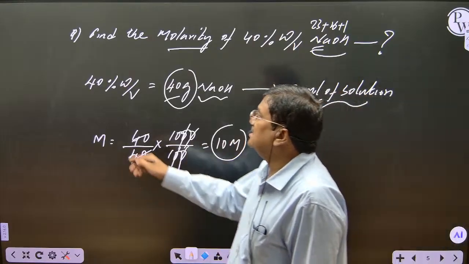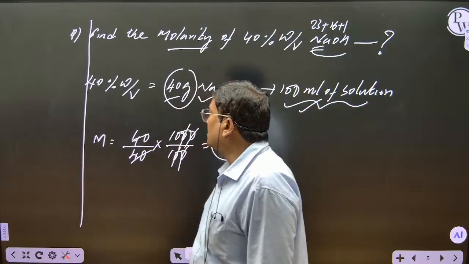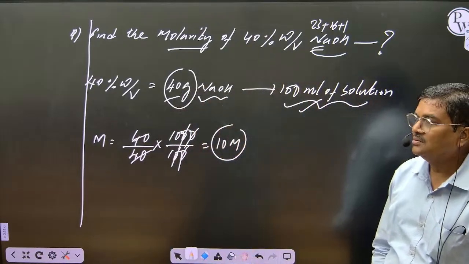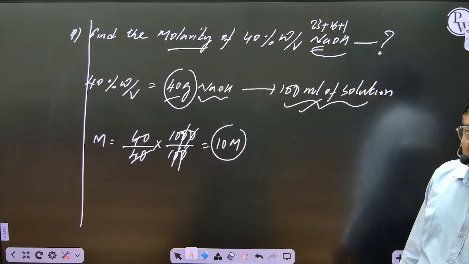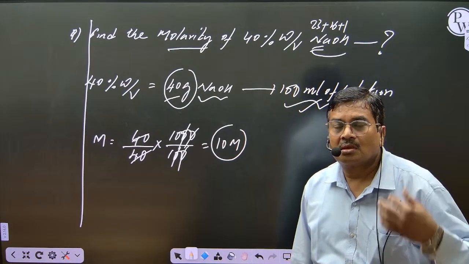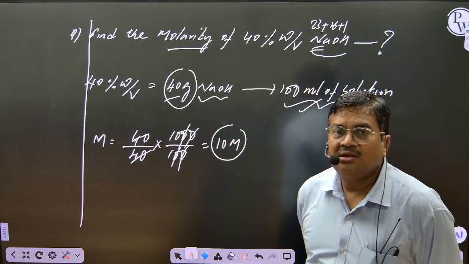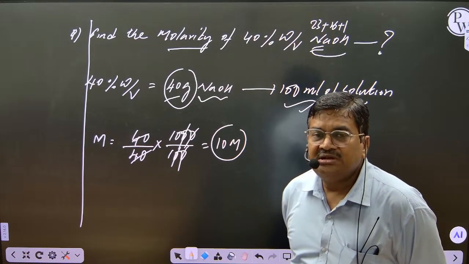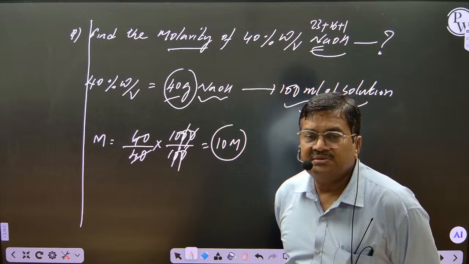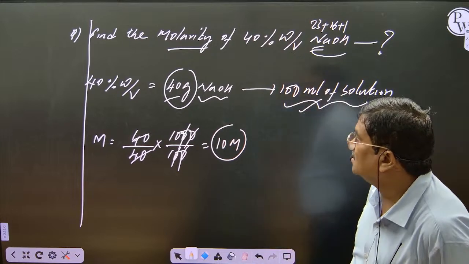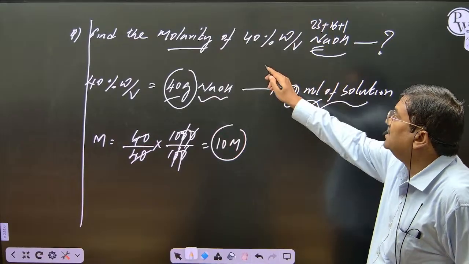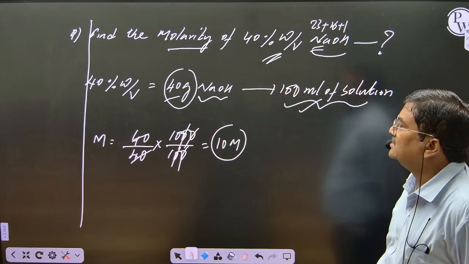Simple this is. This is how we find the molarity of a solution. Clear? So 40% mass by volume means 40 grams of NaOH is present in 100 ml of solution. This terminology you have to understand, mass by volume percent.